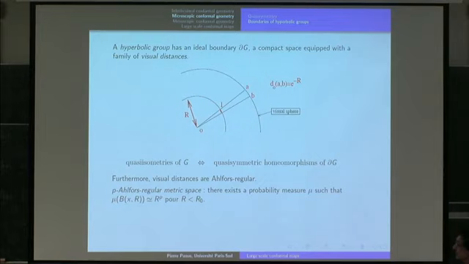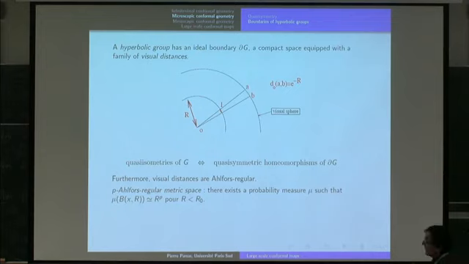And for hyperbolic groups, we really have some kind of equivalence of categories: a quasi-isometry between hyperbolic groups extends to the boundary into a quasi-symmetric homeomorphism. And the converse is true. A quasi-symmetric homeomorphism of the ideal boundary admits a quasi-isometric extension between groups.